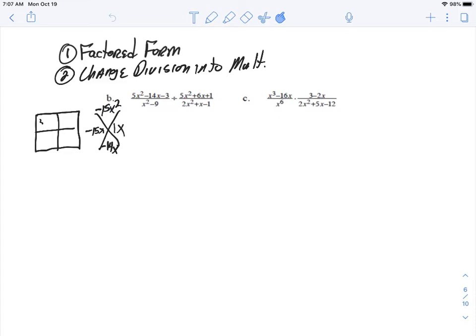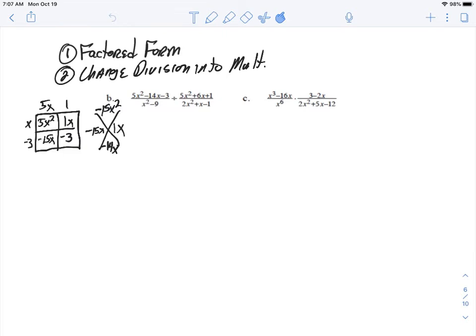So I have 5x squared, negative 3, negative 15x, and 1x. Well, this is going to be 5x times x. This is going to be 1. This is going to be a negative 3. So that's what my numerator of the first rational expression factors into.